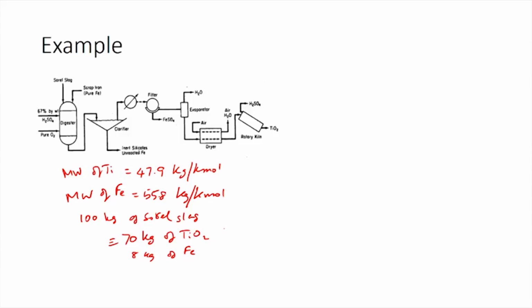So, now this 70 kilograms of TiO2 would then be 70 divided by 47.9 plus 32, giving you a value of 0.876 kilomoles. The number of moles of 8 kilograms of iron would be 8 divided by 55.8, giving you a value of 0.143 kilomoles of iron.